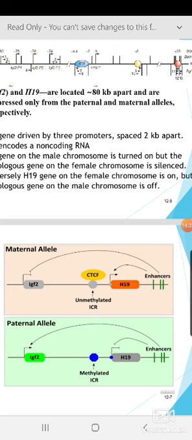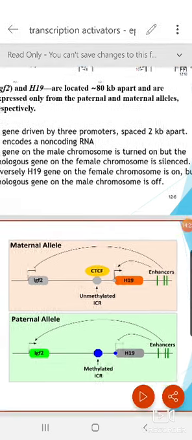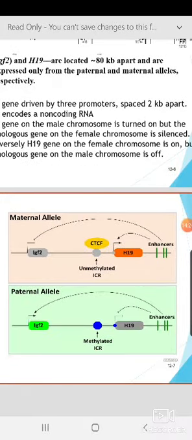Which region is being methylated? Just before the H19. Now H19 is non-functional because that imprinting control region is now methylated. Remember, this is an imprinting site. This is the locus where methylation takes place, and it is very much nearby H19.